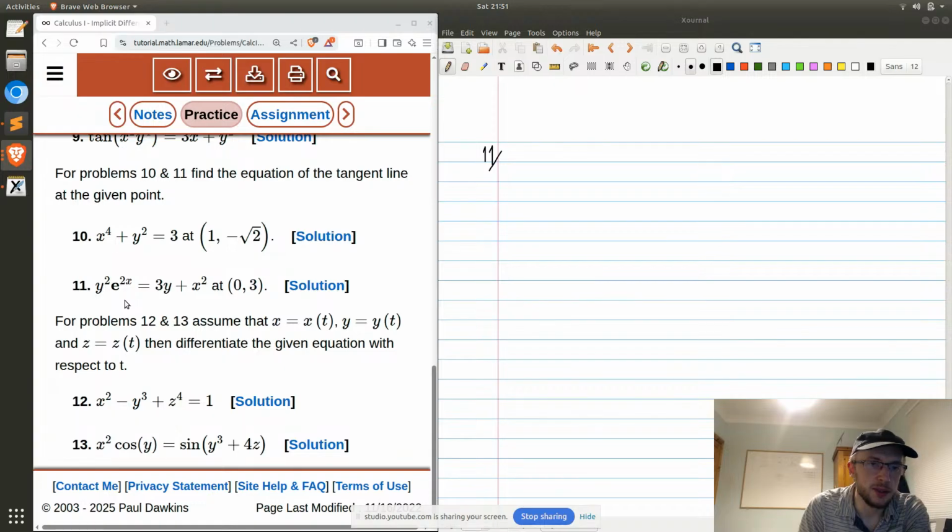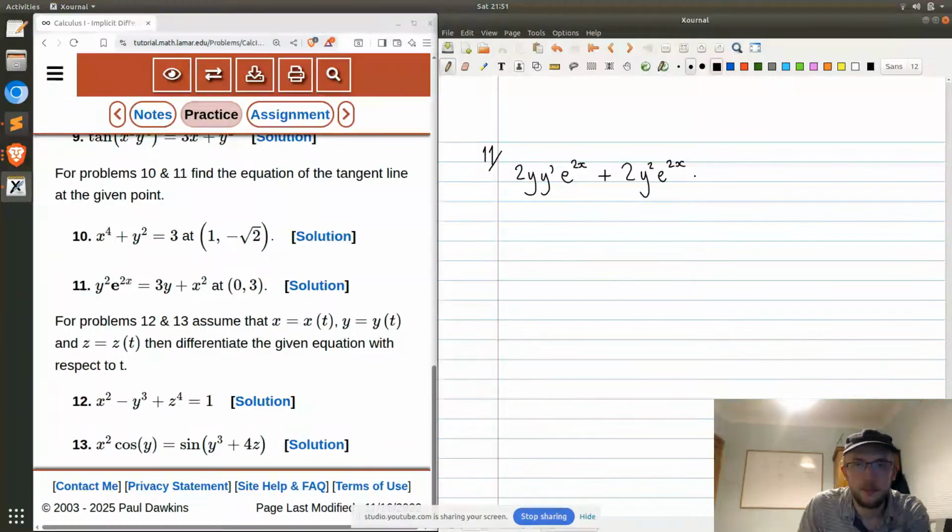Okay, we have a product on the left, so we'll differentiate that. 2yy prime e to the 2x plus 2y squared e to the 2x. And that equals 3y prime plus 2x.